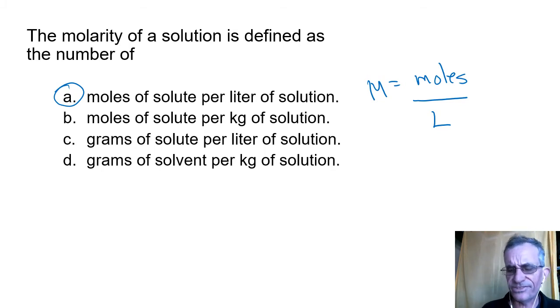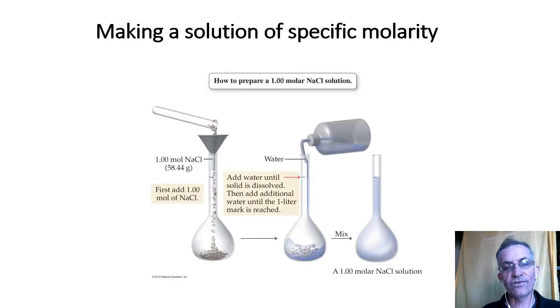So when we make up a solution, not always, but usually we're talking about dissolving a solid in water. For example, you can make up a salt solution. If you took 58 grams of salt, which is a mole of salt actually, and you dissolved it in a liter of water, you would have a 1 molar solution.